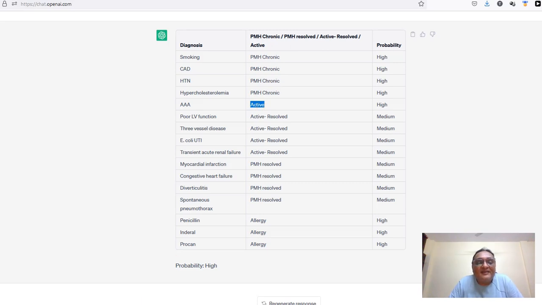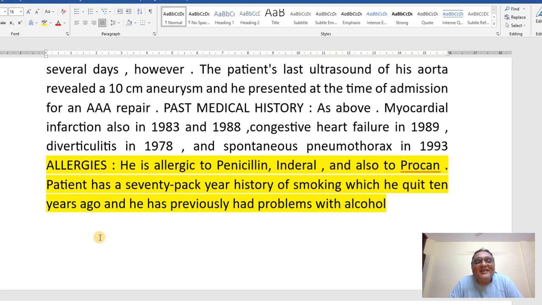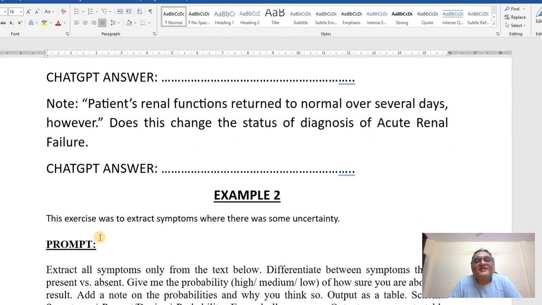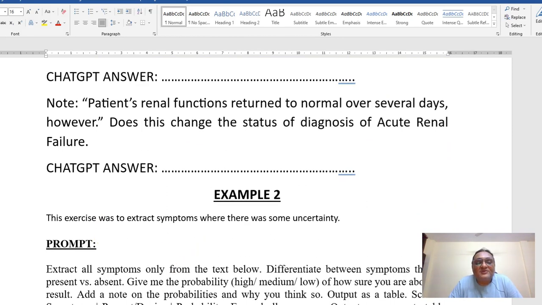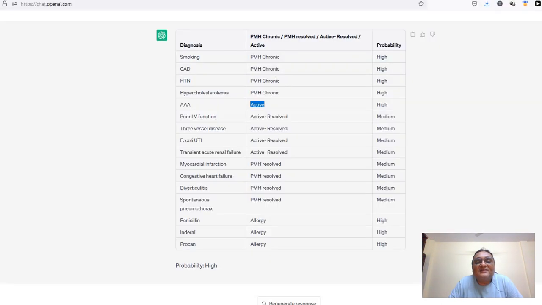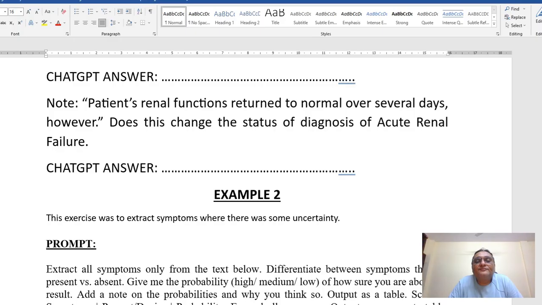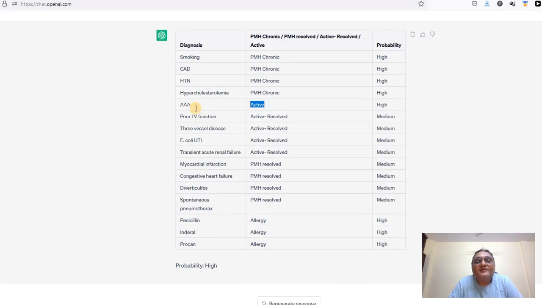Okay, fine. Let us try to query this ChatGPT about its answer. Renal functions. Okay, what did it answer about renal functions? If you see, acute renal failure. Has it given that output, acute renal failure?